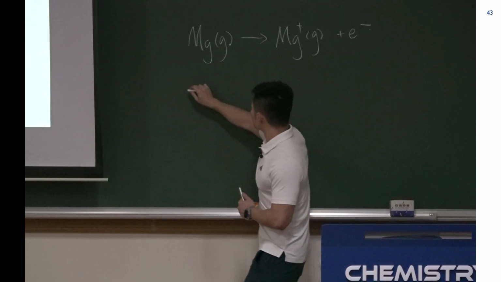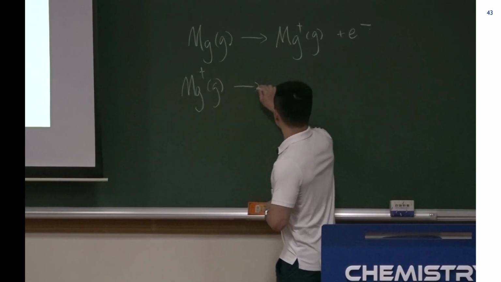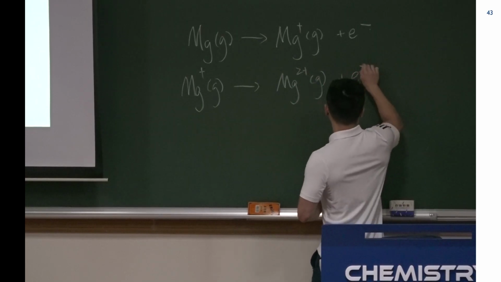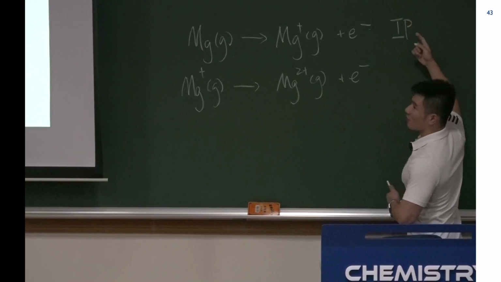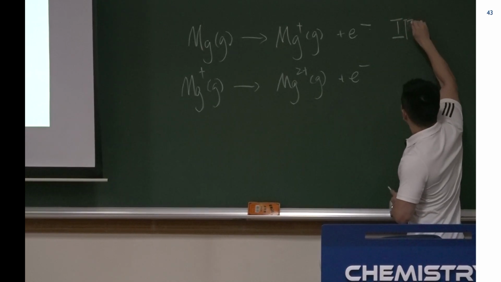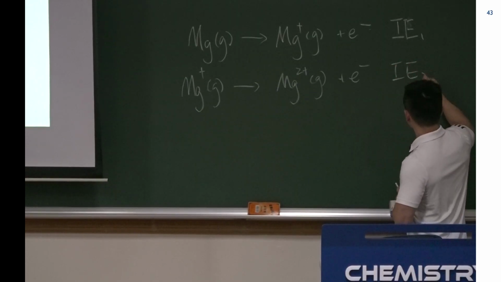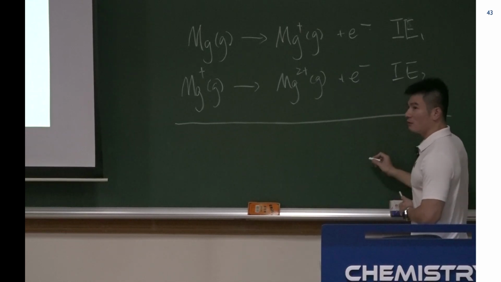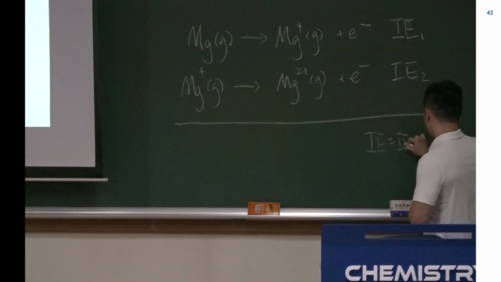And then you have the second reaction, that is magnesium plus gas phase to give you magnesium 2+ gas phase plus electron. And we say the first energy is ionization energy 1, and the second one is ionization energy 2. Hence, if you sum this up, the final ionization energy is ionization energy 1 plus ionization energy 2.